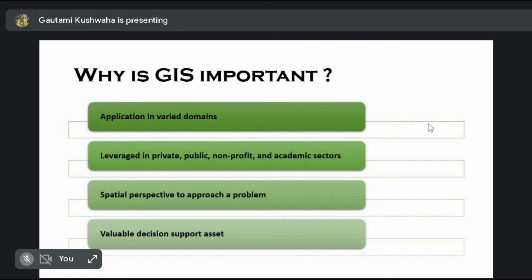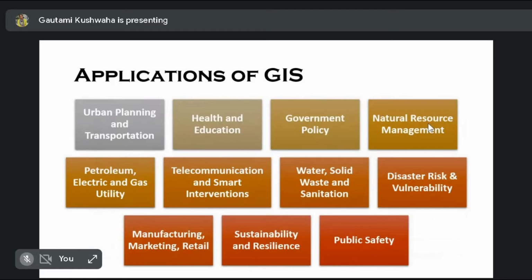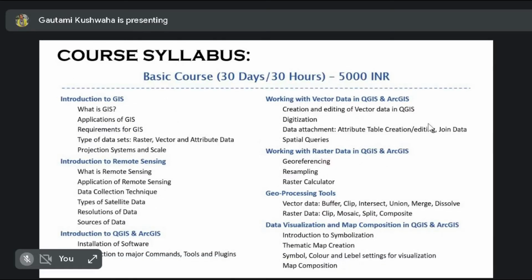You may have analyzed a problem so far using tabular data sets, theoretical or textual information, or observations from field surveys. But if you know GIS, you can think of a spatial component to that problem and analyze it. So these are the reasons why it is important for people, especially in backgrounds such as architecture, planning, civil engineering, or geography, to know this software. These are the basic facts about the software.